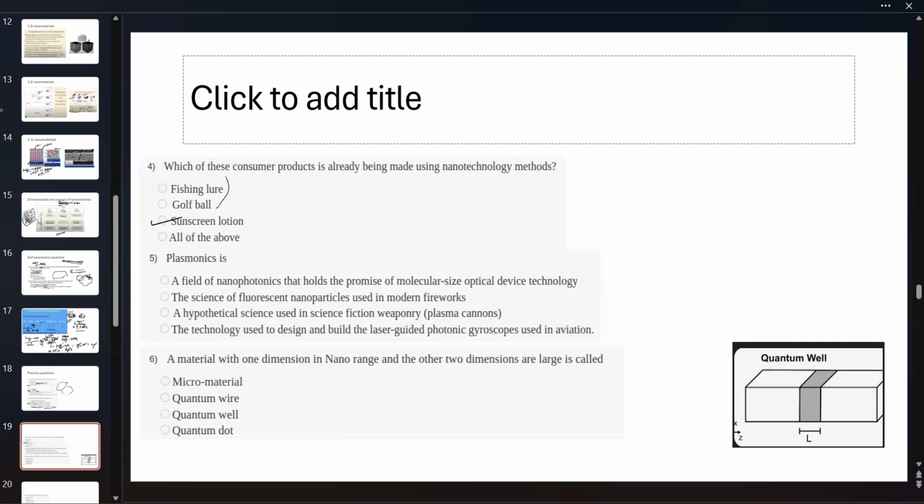These are titanium oxide nanoparticles which absorb the UV light. They absorb the UV light and release it in the infrared region, so it doesn't harm your skin.